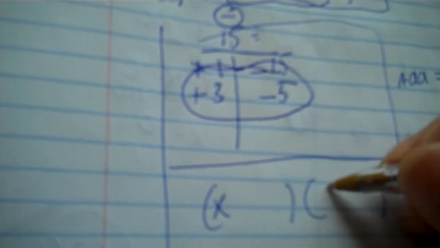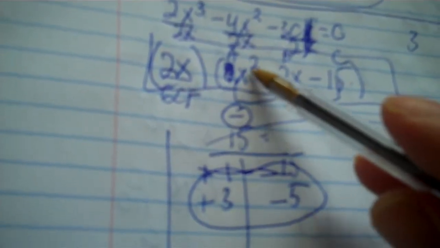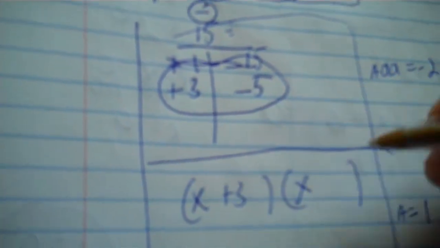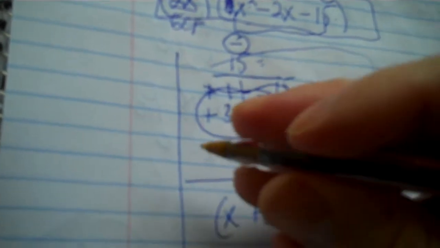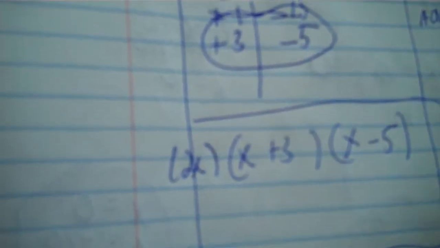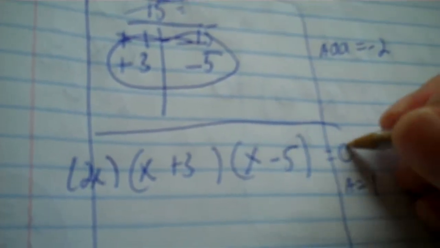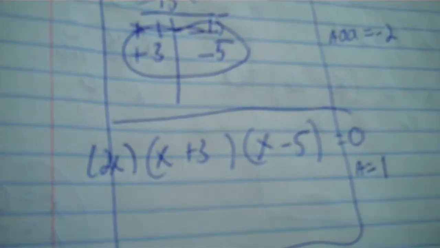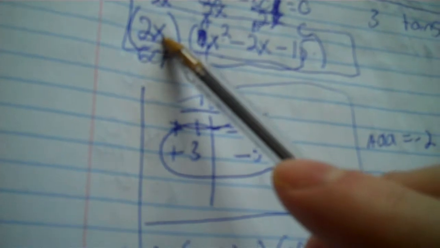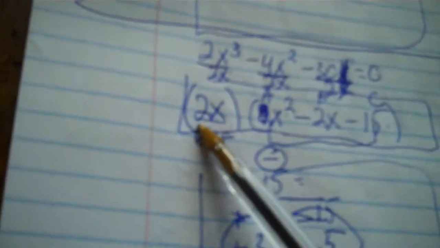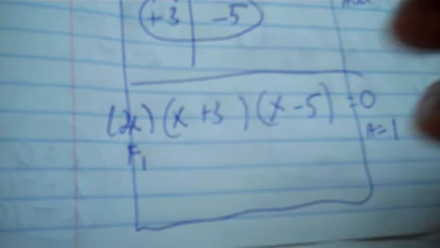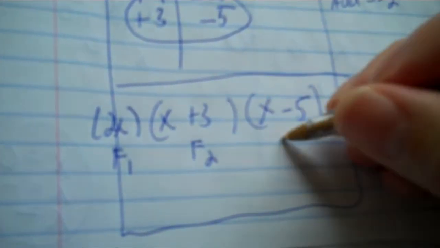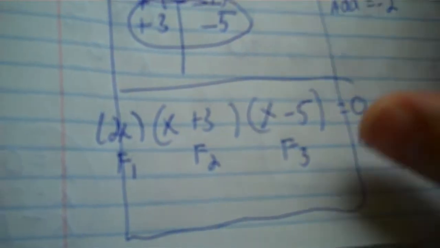Put your x, because remember I got rid of the 1, so it's x times x, and then plus 3, minus 5. Now, that 2x right there, now at the end, goes in front. And that's important now, because there's an x in there. We've seen ones where there's just a number without an x, so it really doesn't matter, but when that GCF has an x, we need to really focus on it, because that's my F1, F2, F3.